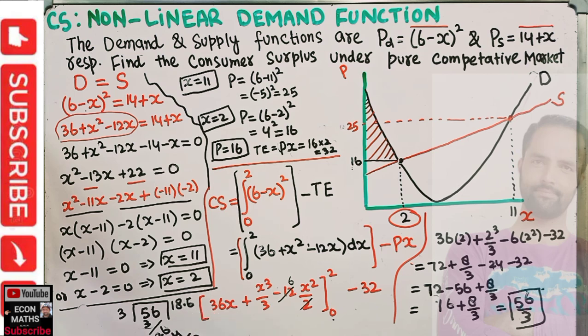So we got 18.6. 18.6 is our consumer surplus.